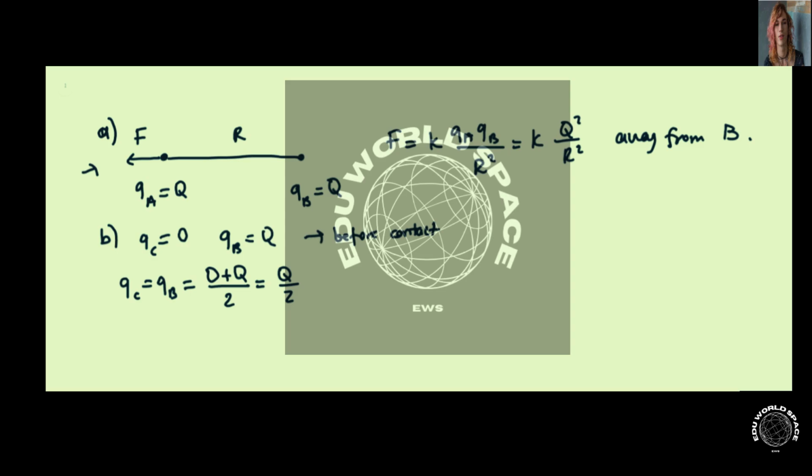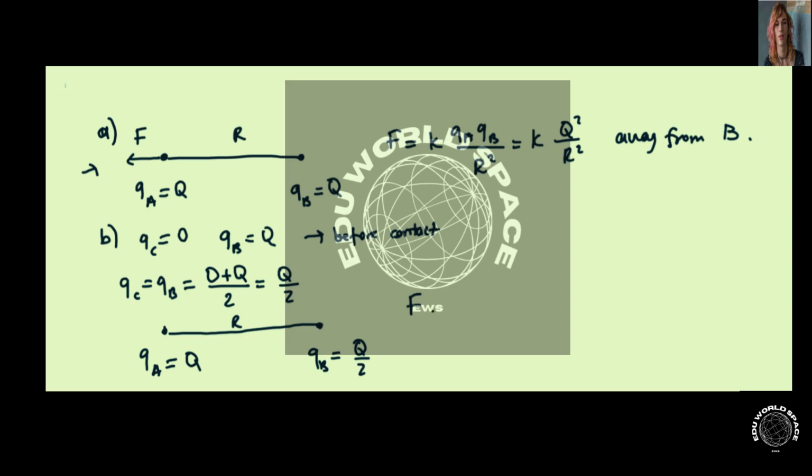Now let's look at how the picture in part A changes, how the force acting on sphere A changes after sphere C is taken away. By how much does this force change, right? So again, we have QA, nothing changed. It still has capital Q charge. R away from it, there's QB. Now the charge on QB is half. Still, they are away from each other.